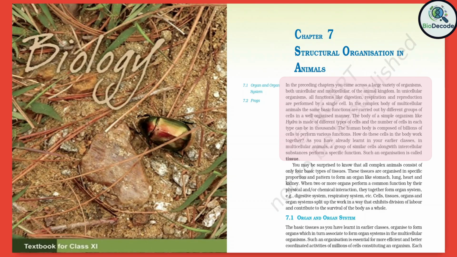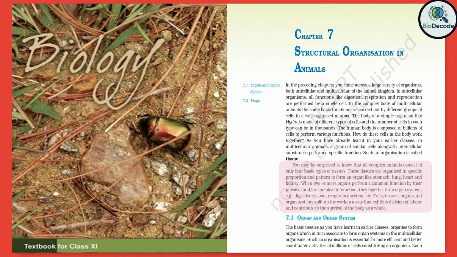How do these cells in the body work together? As you have already learned in your earlier classes, in multicellular animals, a group of similar cells along with intercellular substances perform a specific function. Such an organization is called tissue. You may be surprised to know that all complex animals consist of only 4 basic types of tissues. These tissues are organized in specific proportion and pattern to form an organ like stomach, lung, heart, and kidney.